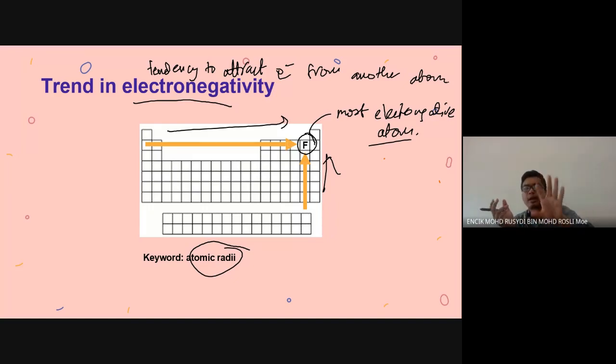Okay, tapi yang lain-lain tu diikuti oleh oksigen and then ikuti oleh nitrogen and so on. Okay, so keyword dia dekat sini sebenarnya merujuk kepada atomic radius. The smaller the size of that atom, the higher the electronegativity. Tapi paling tinggi kita tuju ke mana? Kepada fluorine. That's it. Okay, so that settle for electronegativity.